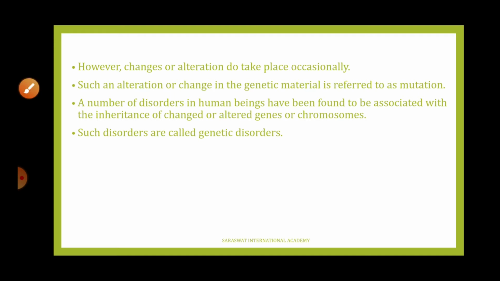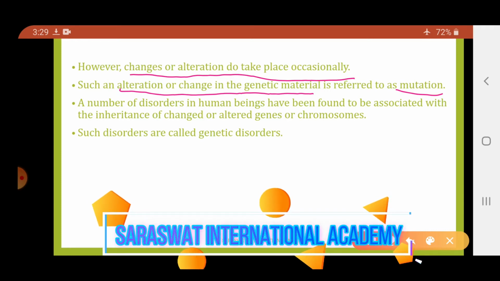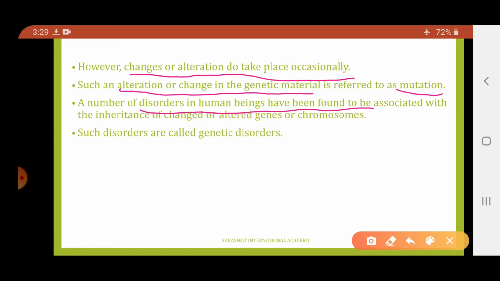But yes, changes or alterations do occasionally take place. There are chances that changes or alterations may occur. This alteration or change in the genetic material is referred to as mutation. We have already studied a complete topic on mutation. A number of disorders in human beings have been found to be associated with the inheritance of altered genes or chromosomes.